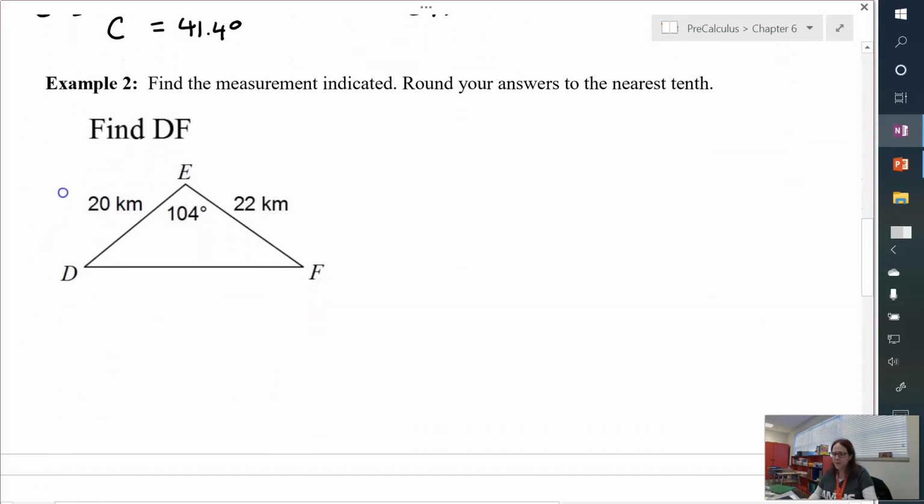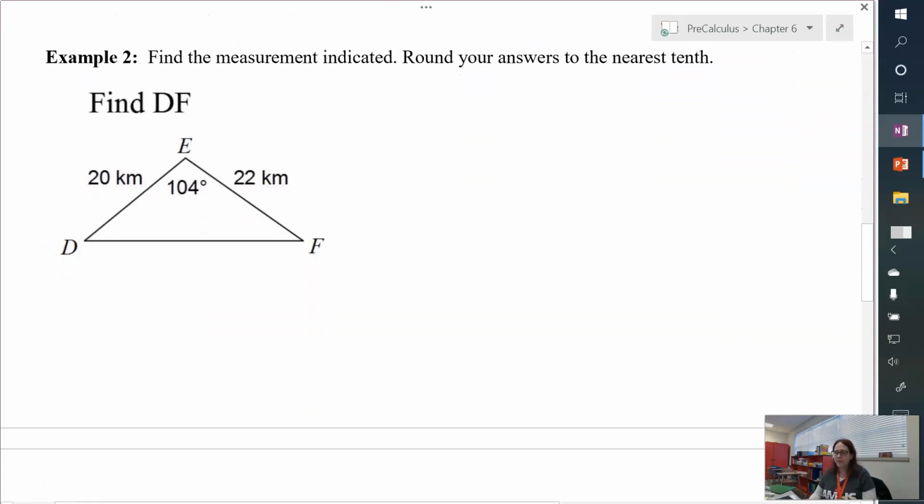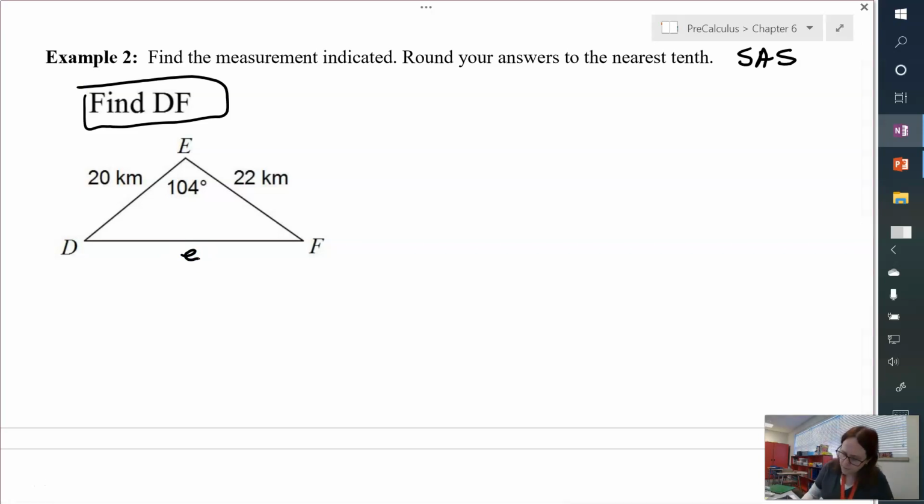Let's do another example. This time I'm given two sides and an included angle, so this is a side angle side, and I'm asked to find the indicated measurement, which is DF. This is the one we're looking for. I'm going to call that little e because it's opposite of angle E. I'll set up law of cosines.